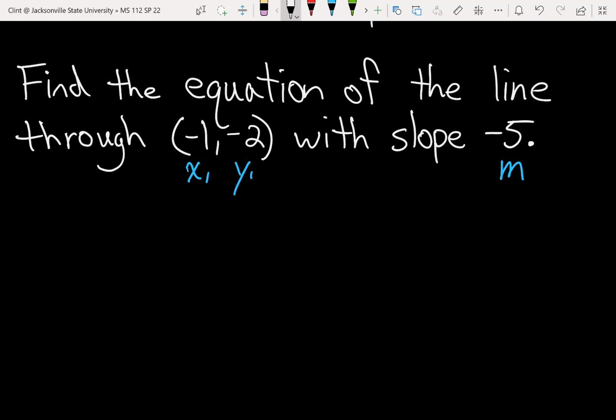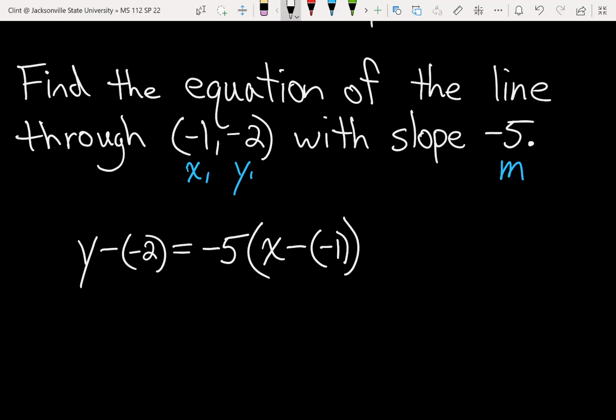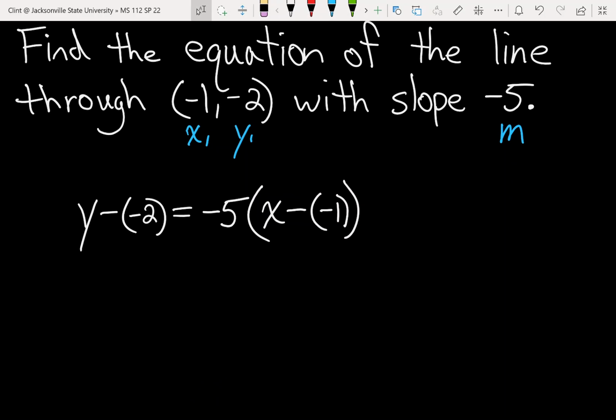So we'll have y minus y1, the y coordinate of our point, which on this one is -2, equals our slope, -5, times x minus the x coordinate of our point, which is -1. They're not always negative on the point, right? It just happened they were both negative on this one, so we have to be careful with those double minus signs.